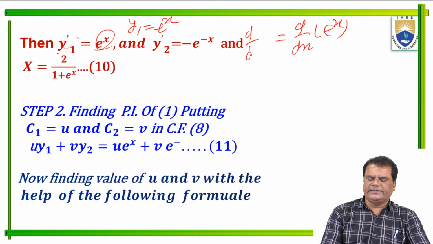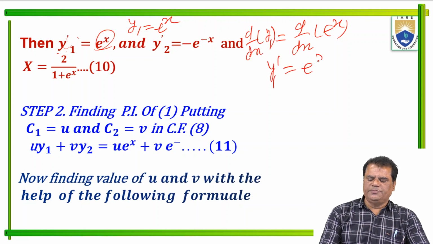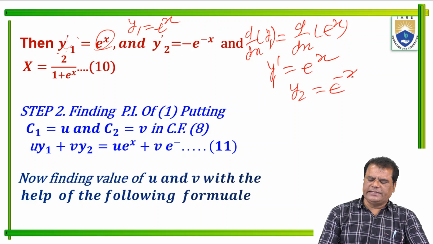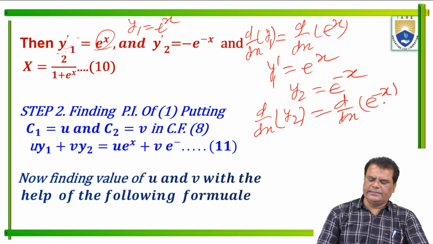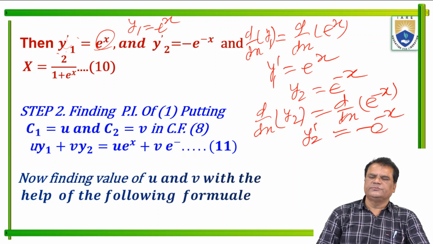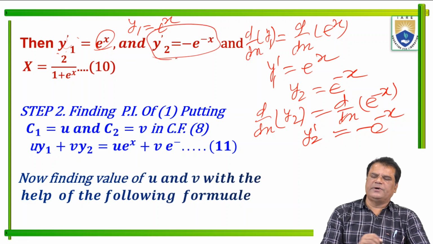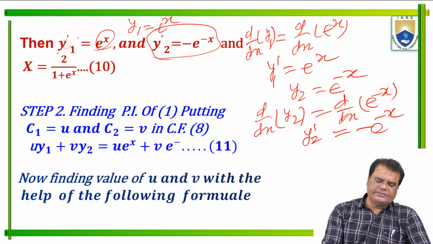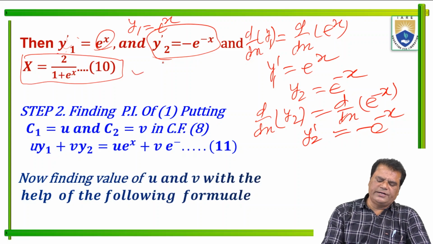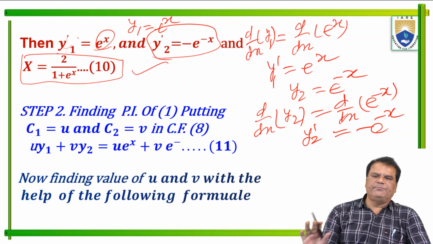Next is y2 dash. d over dx of y2 is equal to d over dx of e to the power minus x, so this is minus e to the power minus x. So y2 dash is minus e to the power minus x, and X is this in our question. This is equation 10. Step 1 is complete.